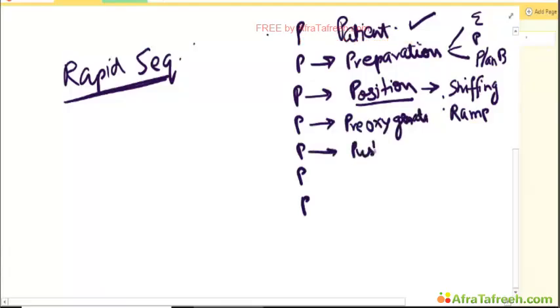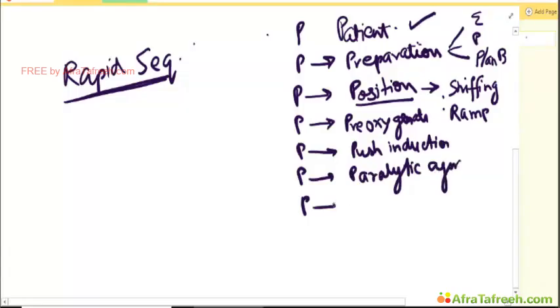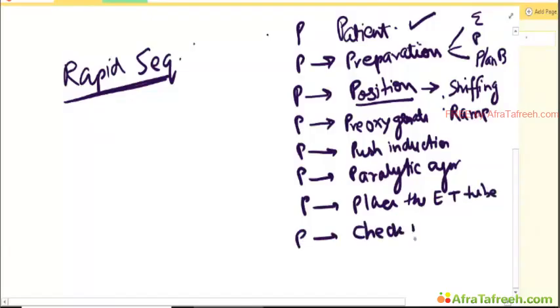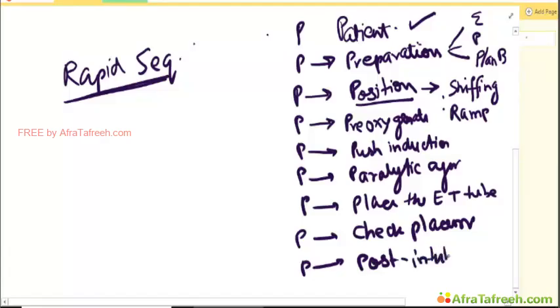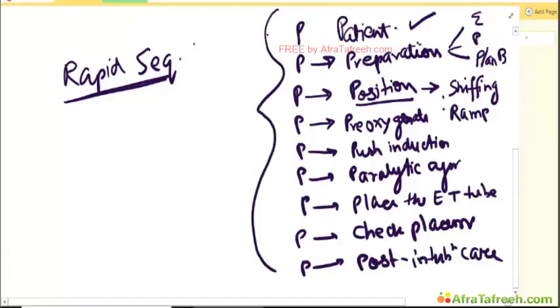Then you push the induction agent. Then the paralytic agent. Then you place the ET tube. Then you check placement. And then there is post-intubation care. So these are the steps of rapid sequence intubation, and they are to be followed in this order.